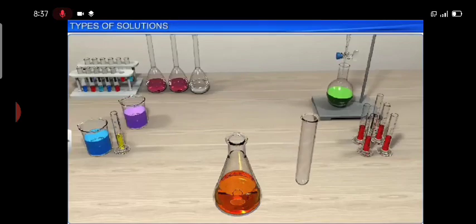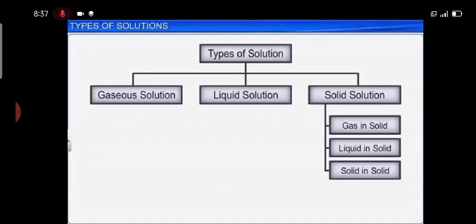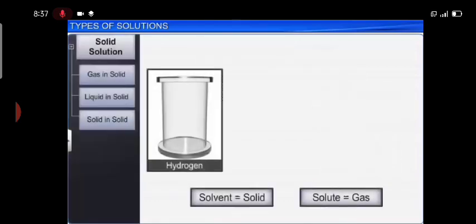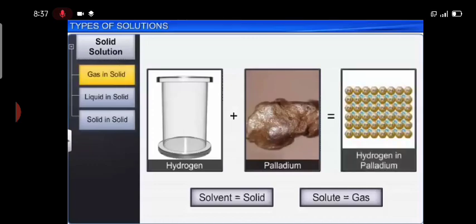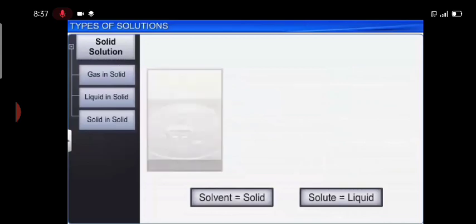Similarly, a solution in which a solid is the solvent and a gas, a liquid or a solid is the solute is called a solid solution. A solution of hydrogen in palladium is an example of gas in solid type of solution. An amalgam of mercury with sodium is an example of liquid in solid type of solution.